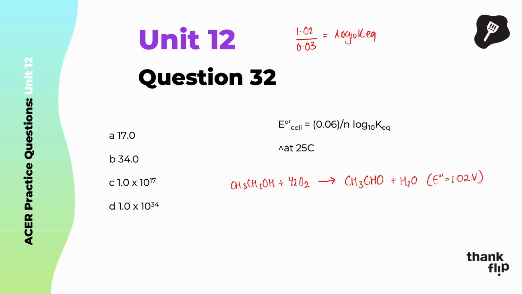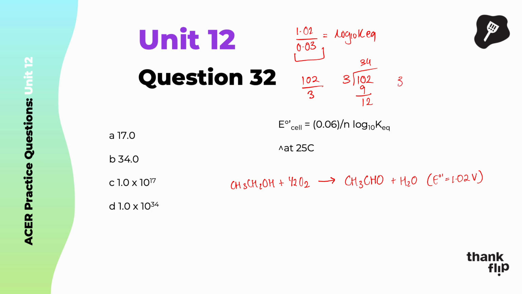So just cleared up the board here. What I would do now is solve for this, and I don't like decimals, so I would multiply both the top and the bottom by 100 to get 102 over 3, and then I can do kind of my long division for this. I would do this probably in my head, but just to show you the working out, I would put 9 here and then 1, and then bring that down, and that's 4.